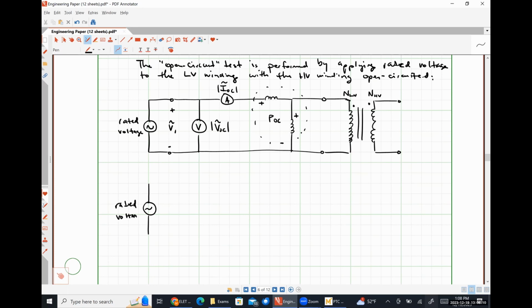Here's my rated voltage. We can see, hopefully fairly obviously, that our voltmeter is directly in parallel with our rated voltage source. So that's going to give us the value of our open circuit voltage. Our ammeter is giving us our open circuit current. And then now we have our transformer equivalent circuit model.